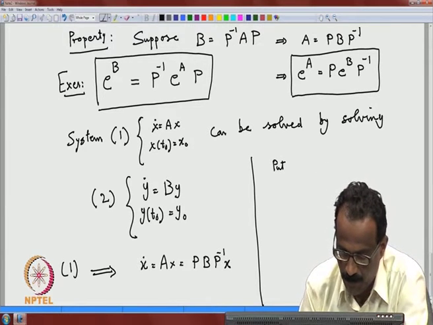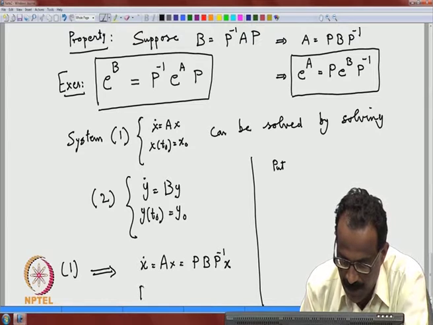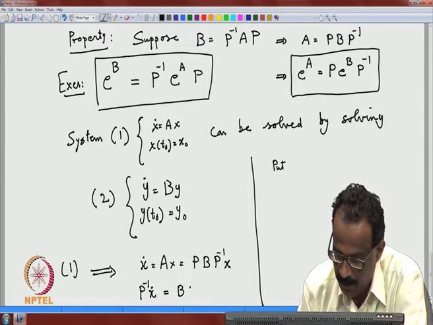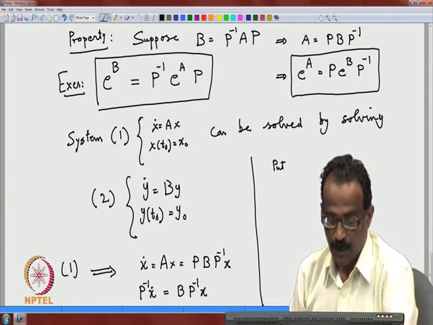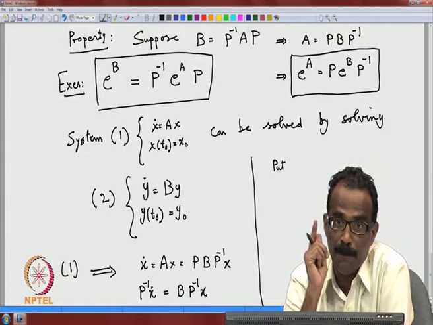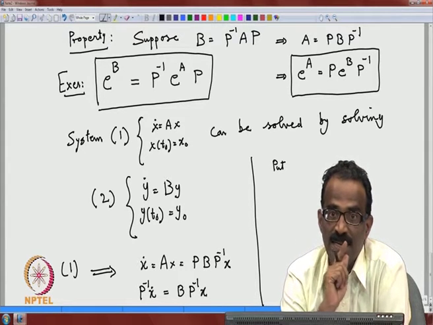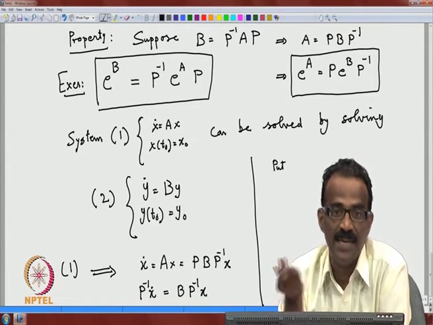Yeah, so if you call it here, you will get P inverse of x dot is equal to B P inverse of x. Note that P is an invertible matrix with constant coefficients. So, P is independent of t, so you can take it inside.